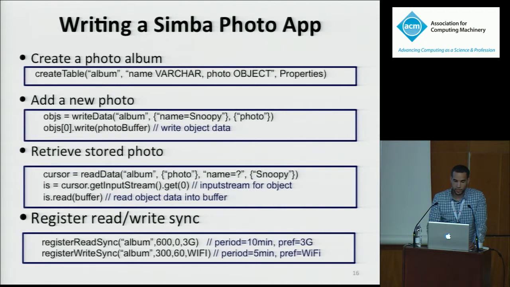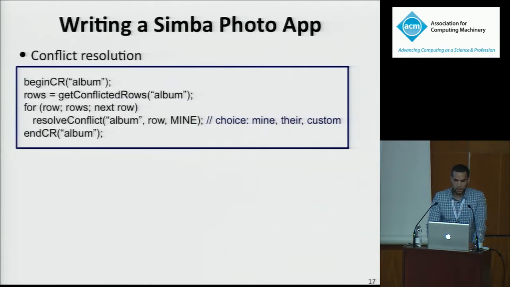But what's really awesome here is that all that complexity that the developer had to deal with, Simba handles. Simba is also resilient to disconnections and conflicts. Rather than imposing a drop-everything policy, apps can continue to make forward progress and address conflicts later by explicitly invoking our conflict resolution stage.